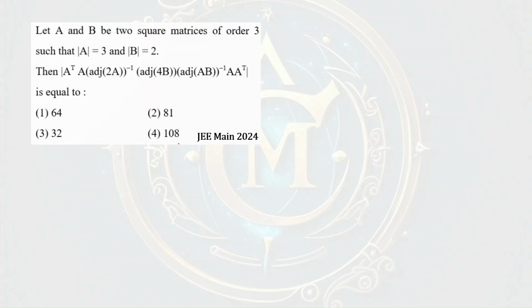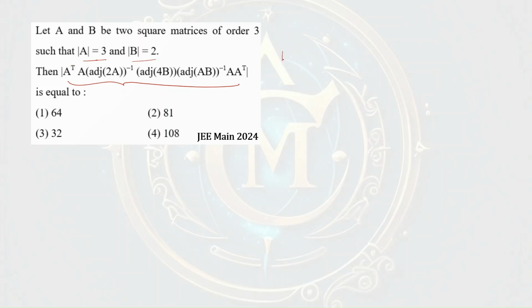Here comes a question of JEE Main 2024. Let A and B be two square matrices of order 3 such that determinant of A is 3 and determinant of B is 2. Then this whole determinant value is asked. According to the property of determinant, we can distribute this whole determinant over all the matrices here.